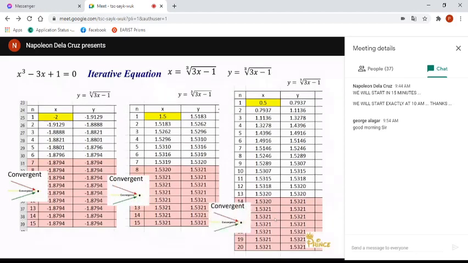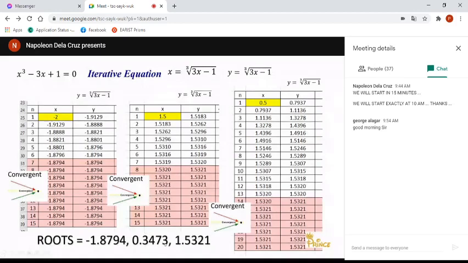Meaning that the roots will now be equal to negative 1.8794, okay, 1.5321, 1.5321, and then earlier we have solved this, 0.3473.